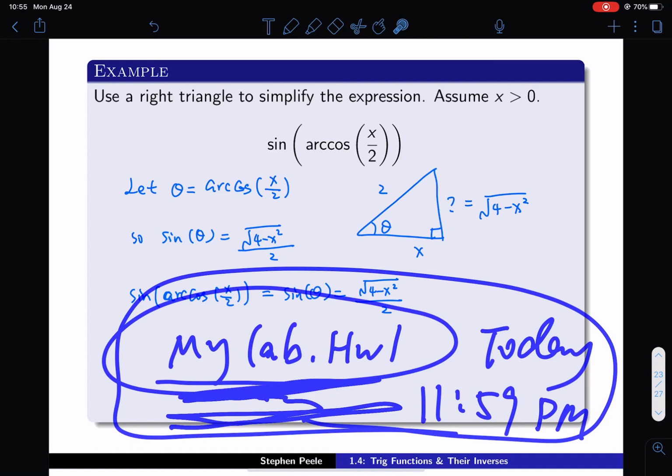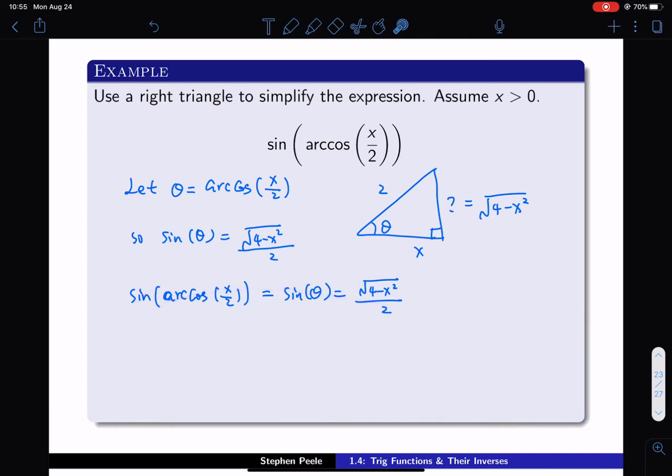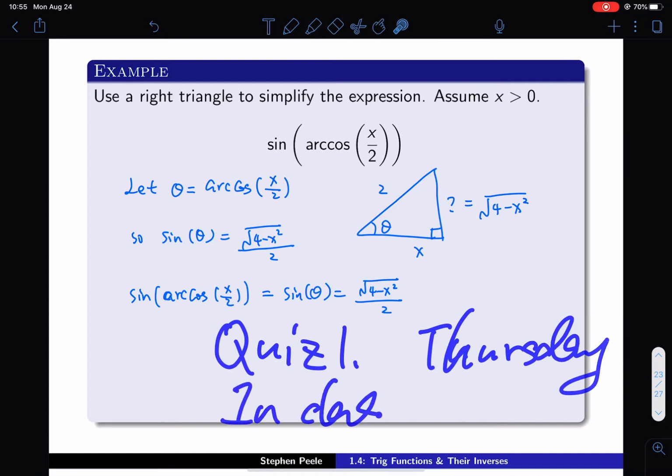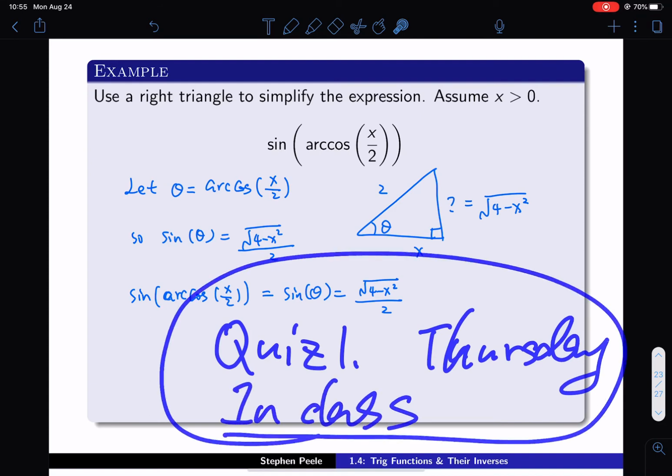So please finish them as soon as possible. And another thing to remember is quiz 1 this Thursday in class. Quiz 1 is about section 1.3 and section 1.4.